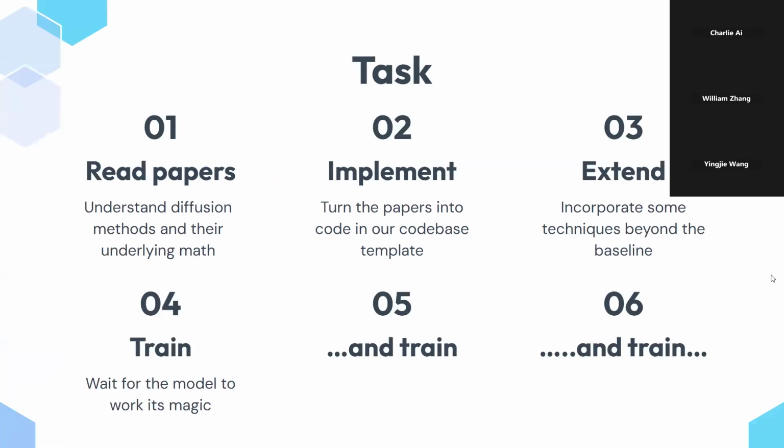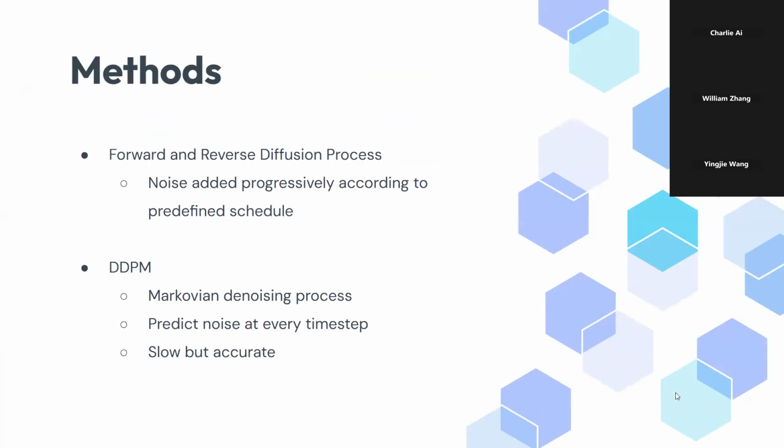With this data, our task at hand is first to read papers to understand how the math works, then to implement that into code and extend this into some advanced techniques beyond the baseline, and finally to train for a very long time. At the core of diffusion is the forward diffusion and reverse diffusion process. Forward is where we add noise progressively. Reverse is what we want to train on, denoising the original image from the noise.